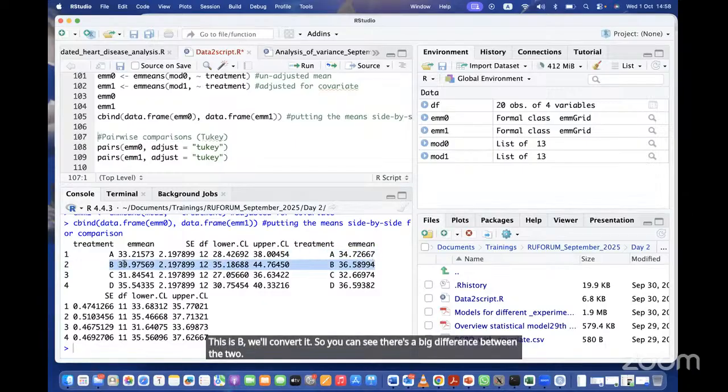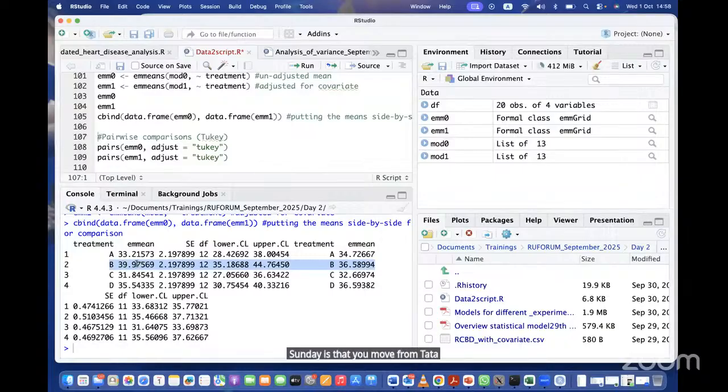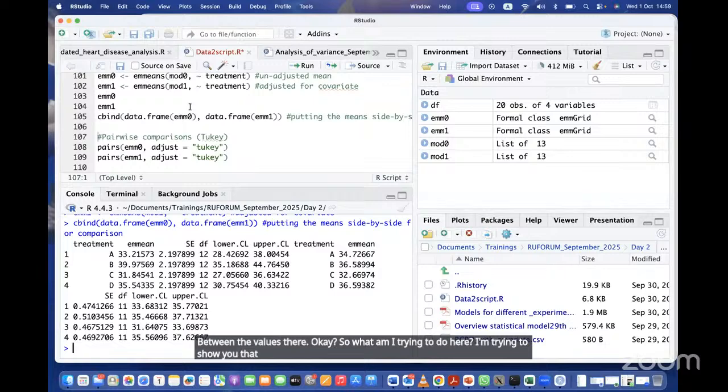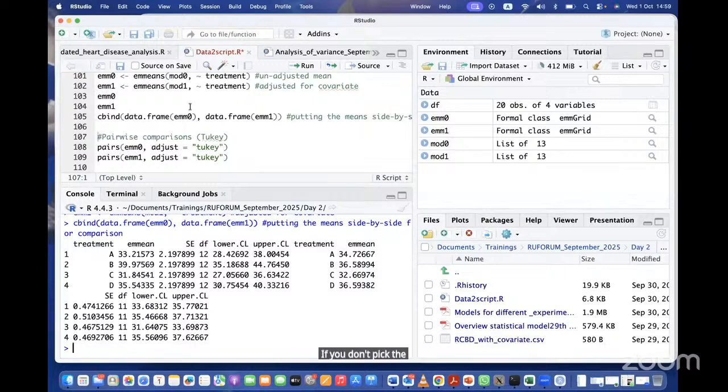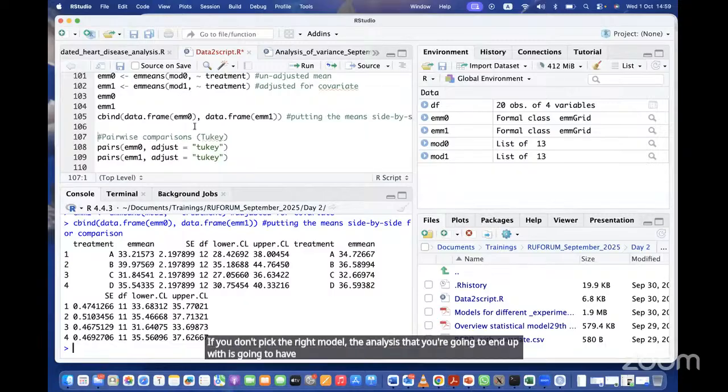You move from 39.9, almost 40, to 36. So there's a difference of almost 4 between the values there. What am I trying to do here? I'm trying to show you that if you don't pick the right model, the analysis that you end up with is going to have a bit of challenges.